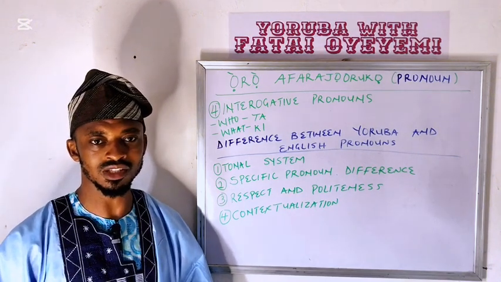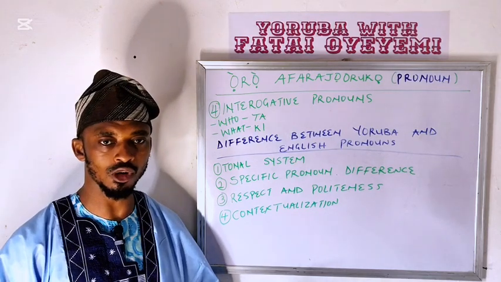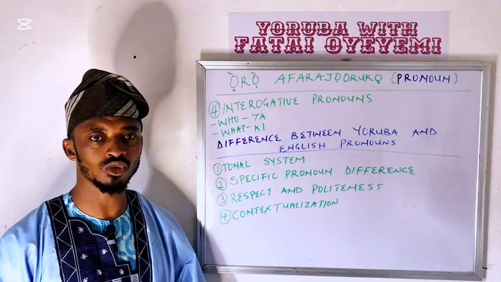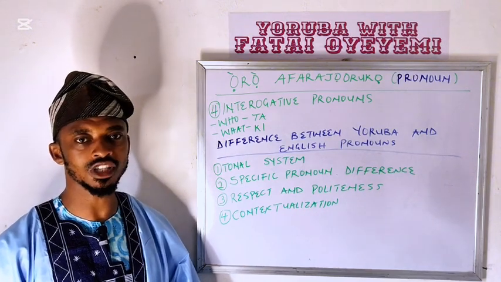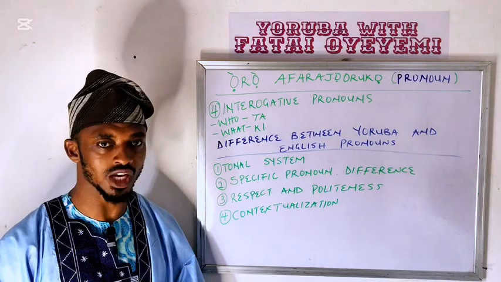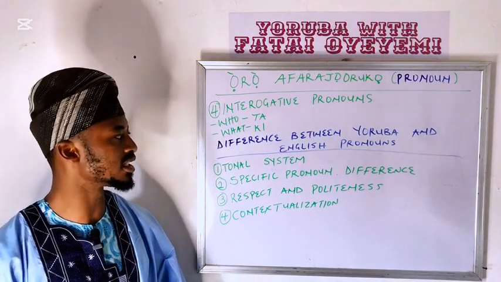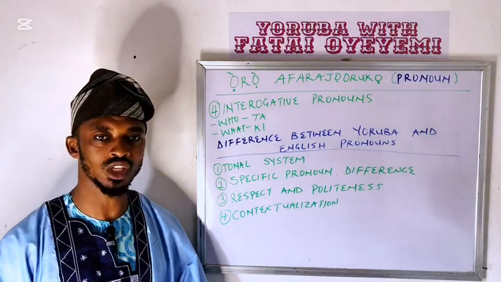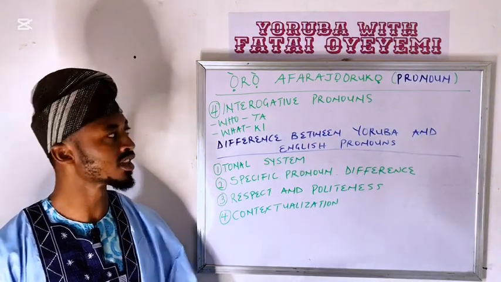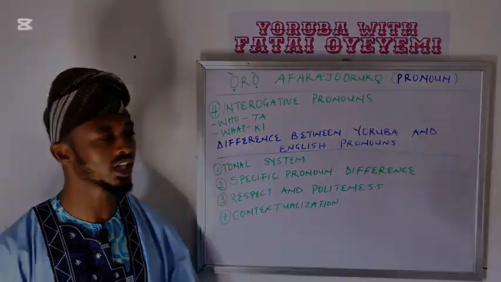In case you missed that, please go through the channel and familiarize yourself with what we've done before on Yoruba pronoun. In this video, we'll be taking a look at the 4th type of pronouns, that is interrogative pronouns. Then when we're done with that, we'll be taking a look at the differences between the Yoruba and the English pronoun. So without wasting much of our time, let's just go straight to the work.